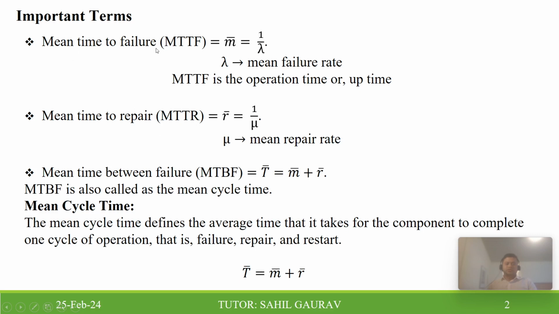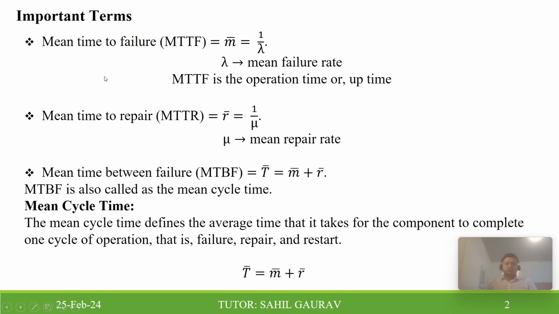Mean time to failure is denoted by m bar. The bar represents the average or mean value, so m bar is equal to 1 upon lambda, where lambda is the mean failure rate.